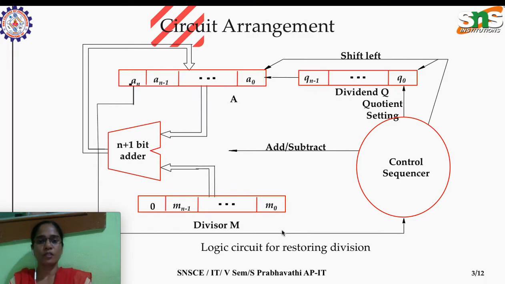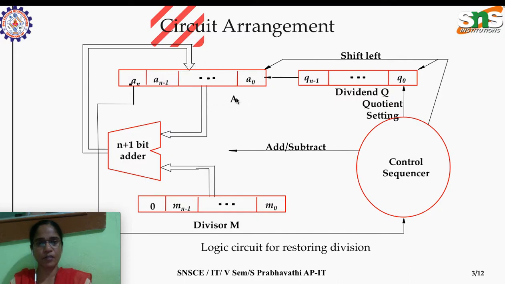So this is the circuit arrangement for the restoring algorithm. This is quite similar to what we have seen in multiplication. I think we have covered the topic of multiplication of positive numbers. The same circuitry arrangement is applied here for carrying out the division operation. Here the A register, we will use it for calculation purposes.